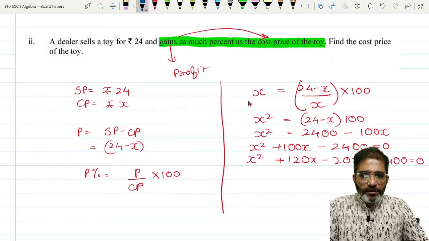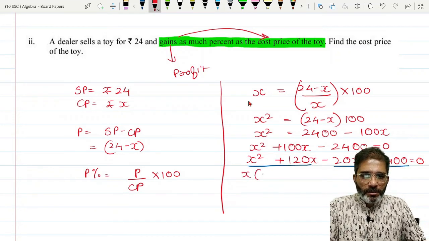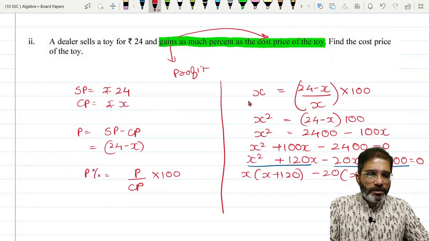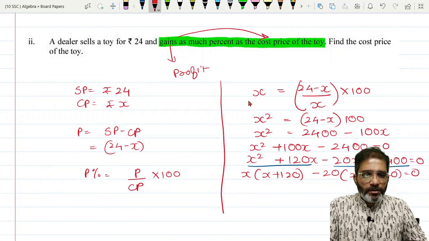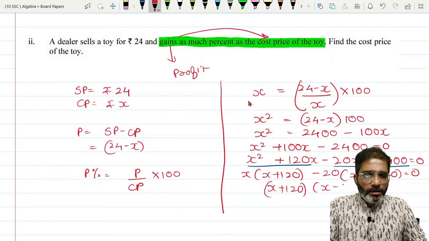Okay, now after taking common, x is common, so we get x plus 120, minus 20 common, x plus 120 equal to 0. So it is x plus 120, x minus 20 equal to 0.